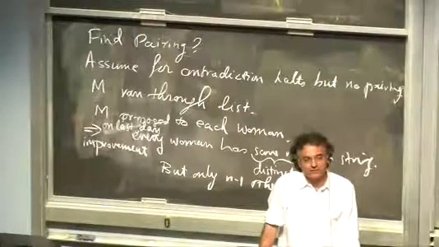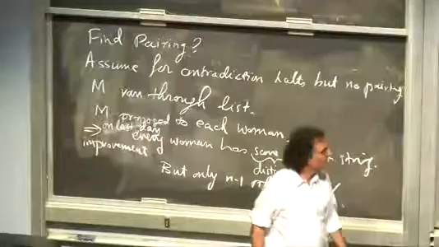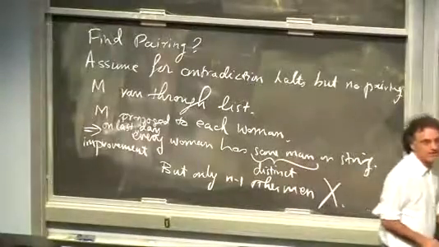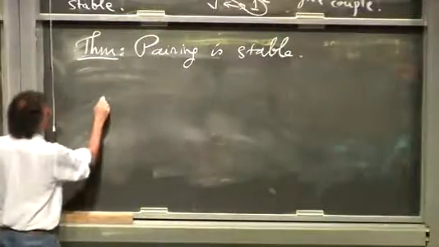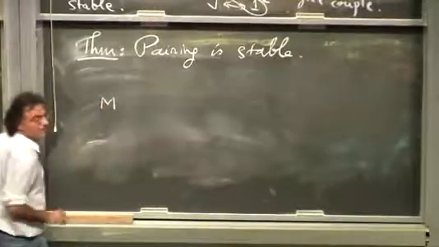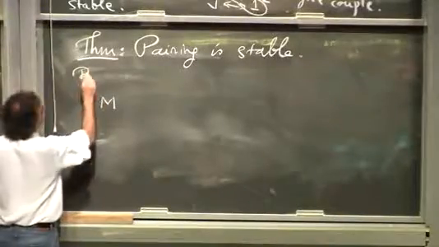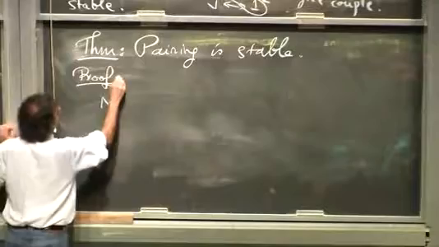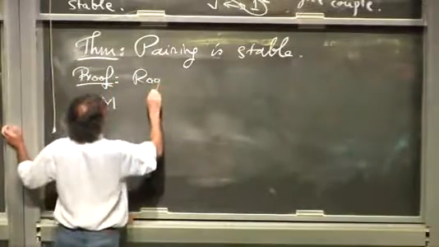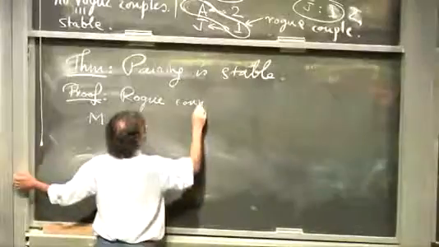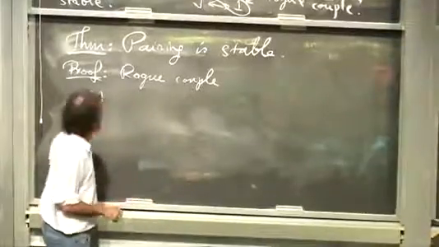Okay. So let's see. Again, assume for contradiction that there's a rogue couple.